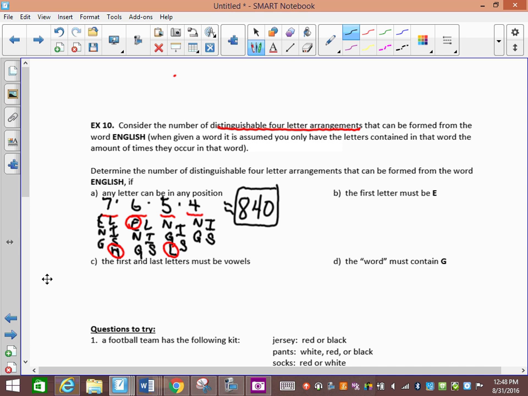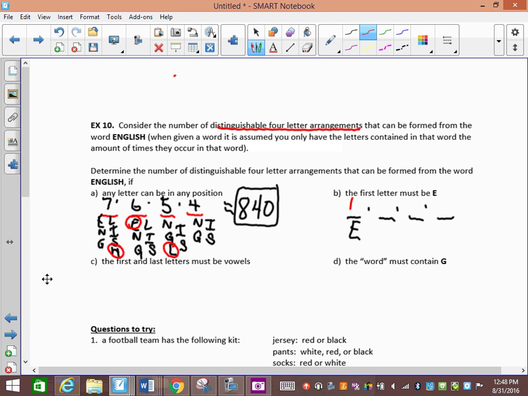So what if the first letter must be an E? First letter has to be an E. I have to get my restriction first. My restriction is the first letter has to be an E. So my only option I have is E. That's one option. How many other options do I have for the next blank then?